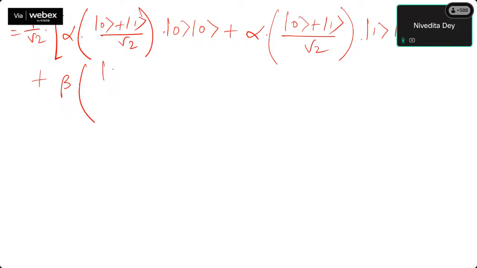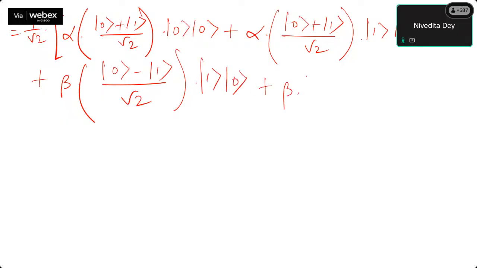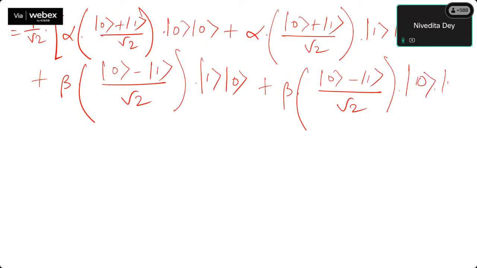Now this is ket 1, which on Hadamard will be ket 0 minus ket 1 by root 2 times ket 1 into ket 0, plus beta ket 0 minus ket 1 by root 2 times ket 0 and ket 1.